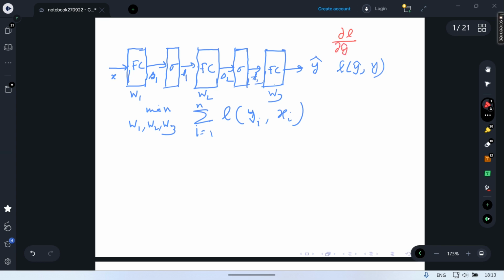This gives us the direction in which the output or prediction should be changed so that the loss reduces.